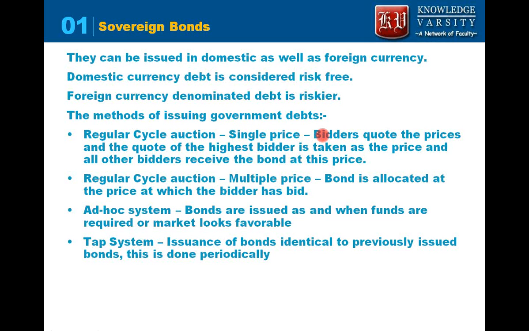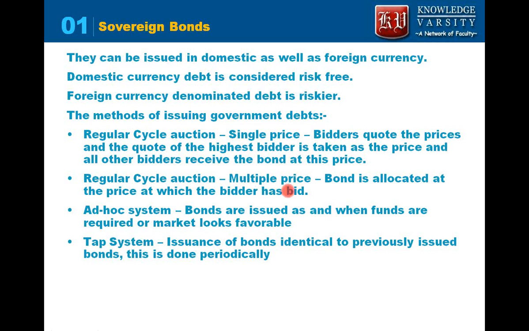The bids are collected from these dealers, and whichever is the highest bid is decided as the price for the bond issue, and all the dealers are sold the bond at that particular price. Whereas you have a multiple price auction also, where the bond is allocated as per the price bid by that particular bidder.